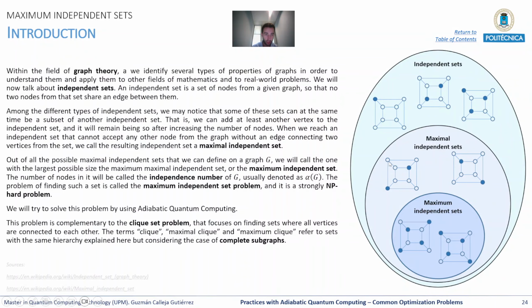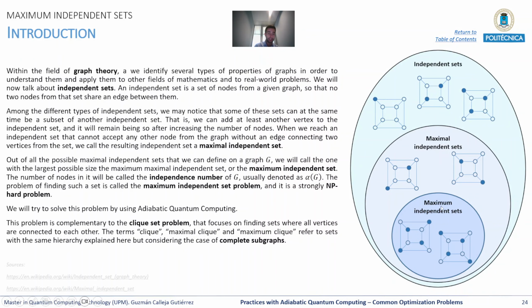So if we add one here, it would be directly connected with this one. Here, here, and here, these three will be directly connected to this one in the center, and this one would be directly connected to this one. And this is just a rotation of this one. So as you can see, we cannot add one additional node or select one additional node without the graph not being independent.